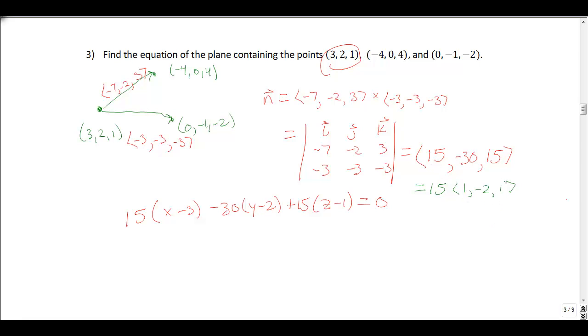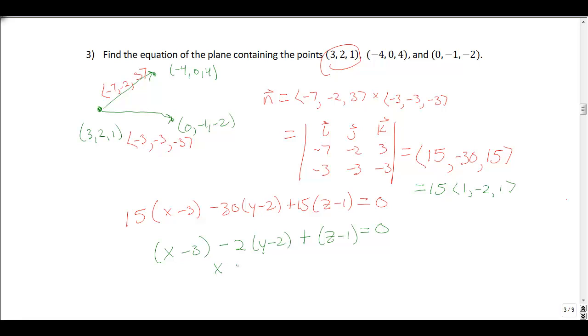So if you have the (1, -2, 1), you could rewrite this as just (x minus 3) minus 2 times (y minus 2) plus 1, which I don't need to write, times (z minus 1). It's just a little bit simpler. Another thing you can do with either of these, let's just do the (1, -2, 1), is you could solve this here.